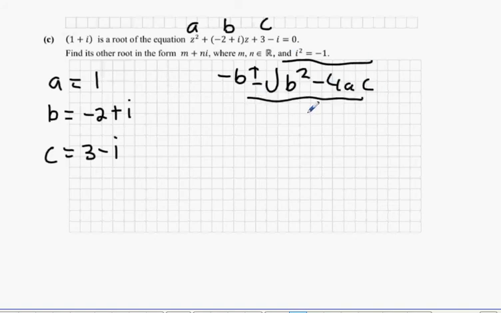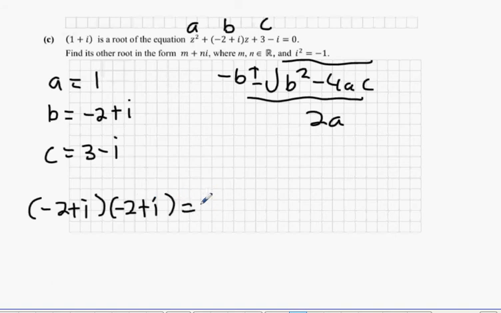Is everybody alright if I work out b squared and 4ac over here in the corner? I just don't want to clog up my full question. So b squared is minus 4, minus 4i, and then i squared is minus 1, which gives minus 5, minus 4i.